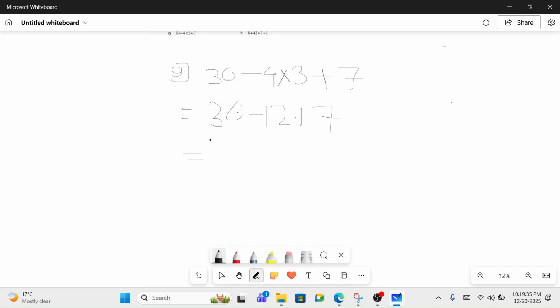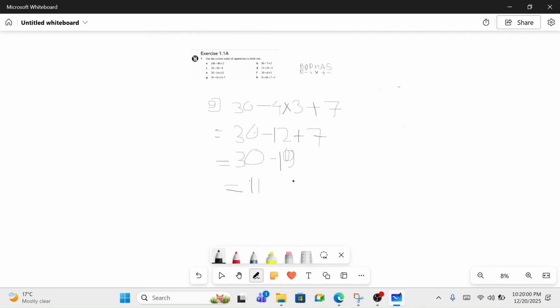So this is going to be 30 minus 19. 12 plus 7 is 19. 30 minus 19 is 11. Okay.